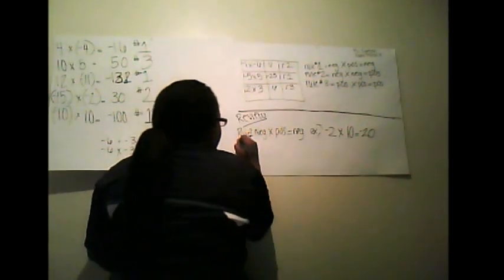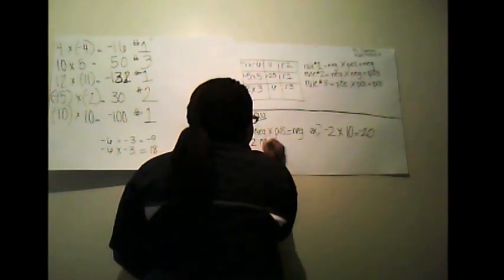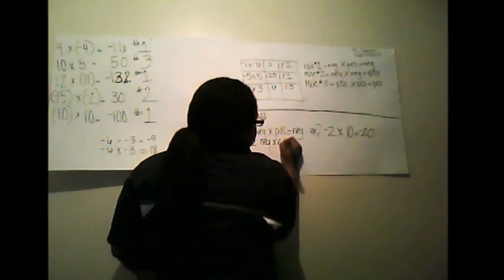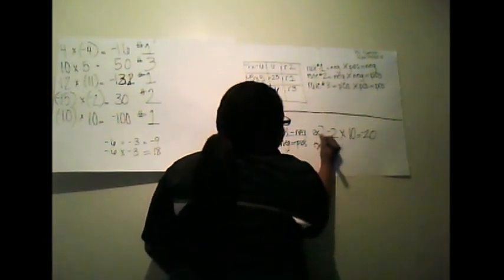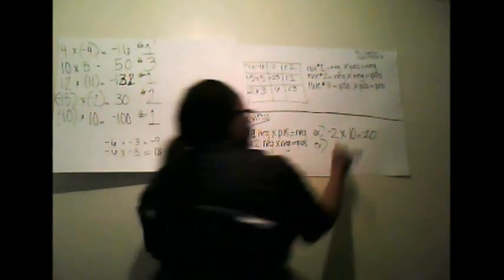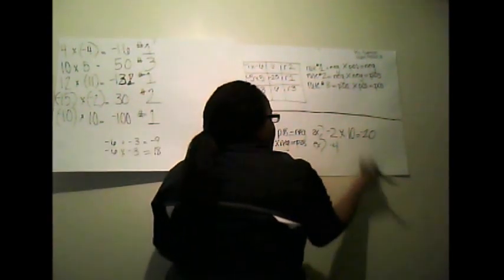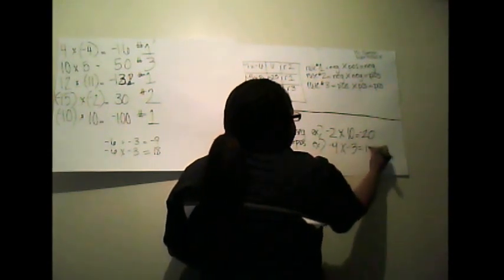Good job. What was the next rule we learned about? Rule number 2 is a negative number times a negative number equals a positive number. Give me an example of this. Negative 4 times negative 3 equals 12.